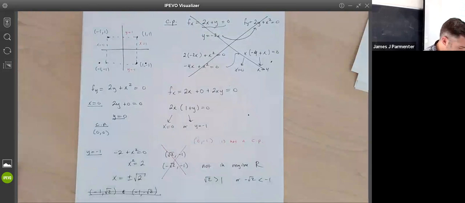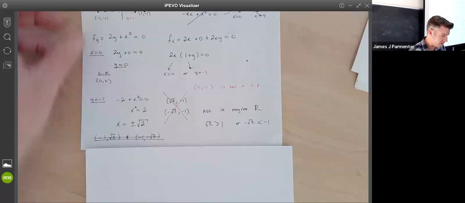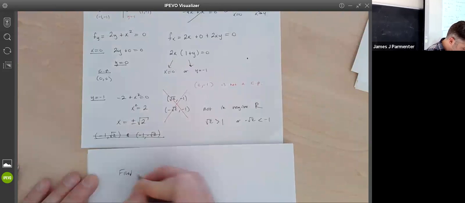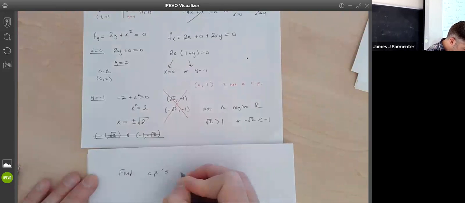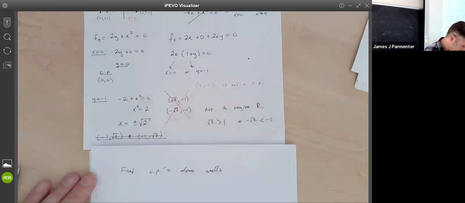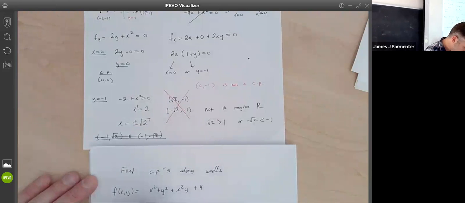Now, we're almost out of time and I don't want to keep you late, so let me just talk about the next part really quick. The next thing we have to do is find the critical points along the walls. So we take our function, x squared plus y squared plus x squared y plus 4, and we set x equal to 1.